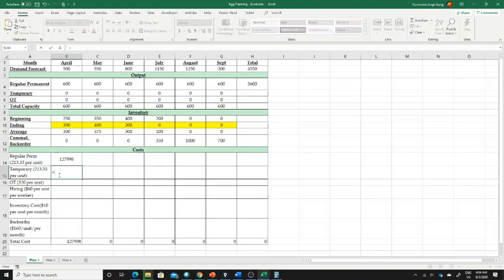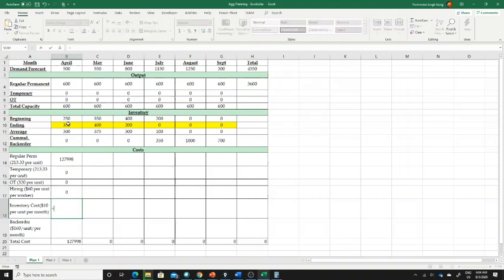At the moment, for the temporary workforce, we don't have anybody working for us on a temporary basis, right? So that's going to be 0. Similarly, there's no overtime, so we're going to get that $320 per unit, and the overtime is in B6, so that's 0.2. Hiring cost, we are not doing any hiring, so I'm going to make that 0 here.